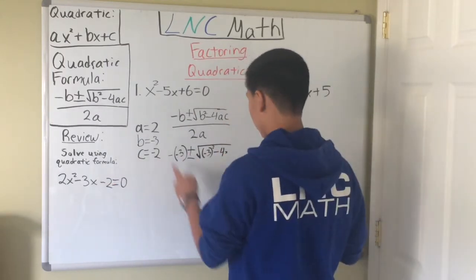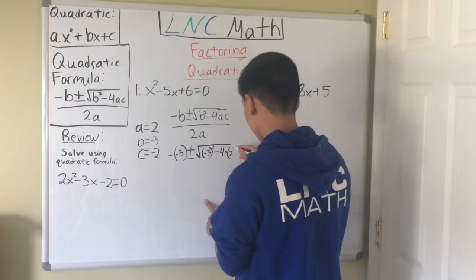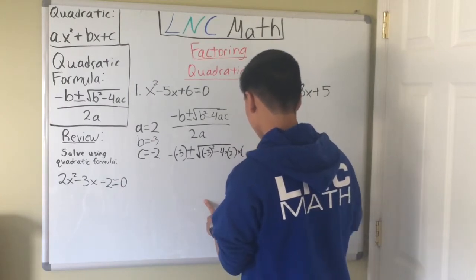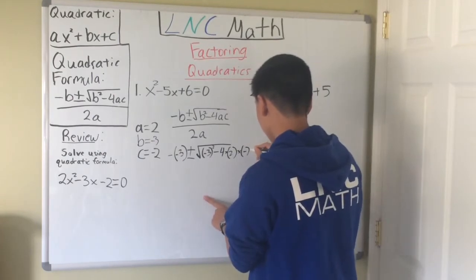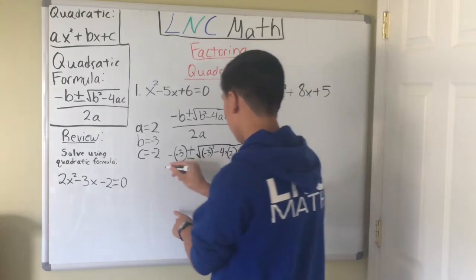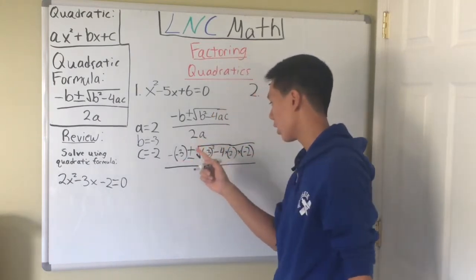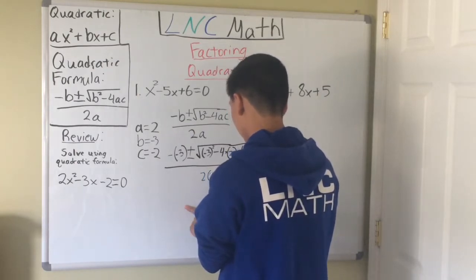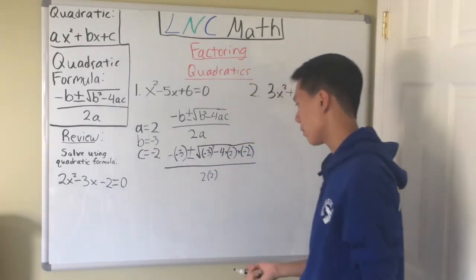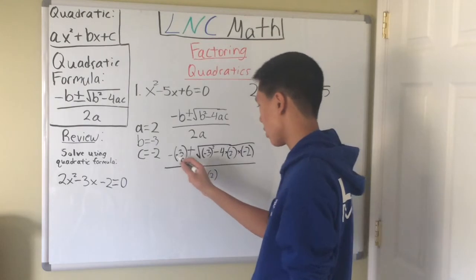A is 2, so 4 times 2 times, what is c? Negative 2. All over 2a. So what is a? A is 2. So 2 times 2. There we have it.